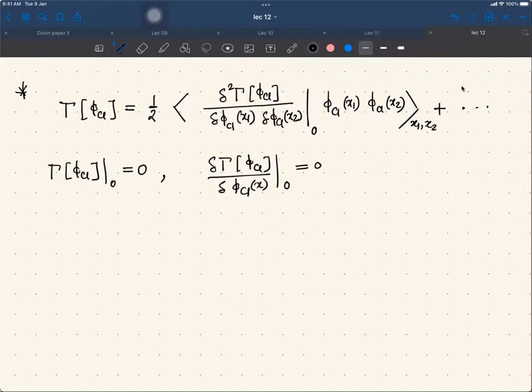So 0 here represents the extremization of Γ. If it's a Lorentz invariant vacuum, Γ will have an effective potential, and this 0 corresponds to an extremum of that potential.